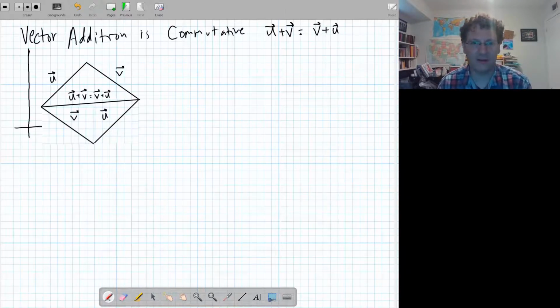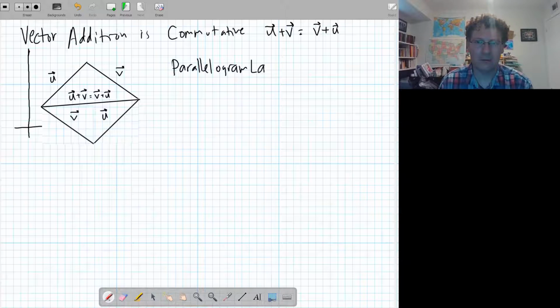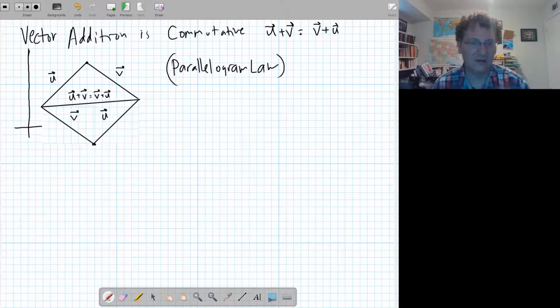This is the parallelogram law. Starting at some point, going in the direction of the vector u for its magnitude, then in the direction of vector v for its magnitude, will end you up at the same point as if you did it in the other order.